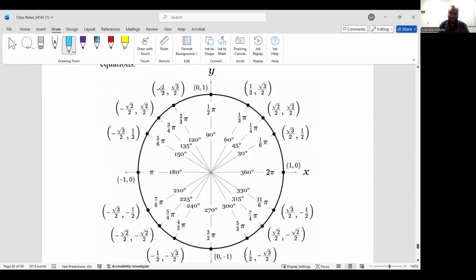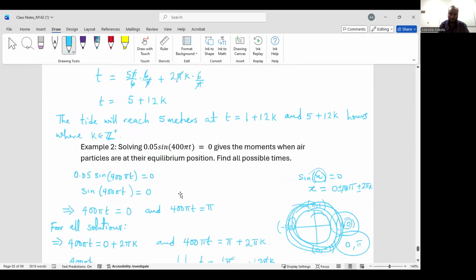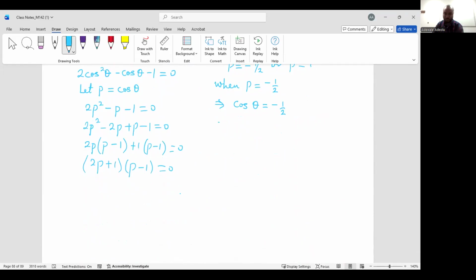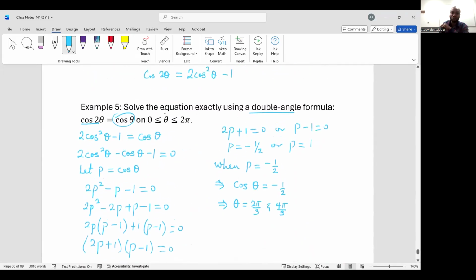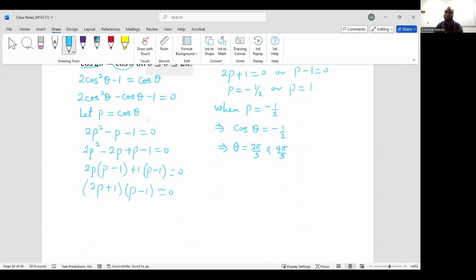Negative 1 over 2 for cosine. It happens here, 2 pi over 3, and here for pi over 3. So that implies that theta is 2 pi over 3 and 4 pi over 3. Since we are looking for the solution between 0 and 2 pi, that is just one rotation, then I will not bring in plus 2 pi k because I've already found my answer within that 0 to 2 pi.